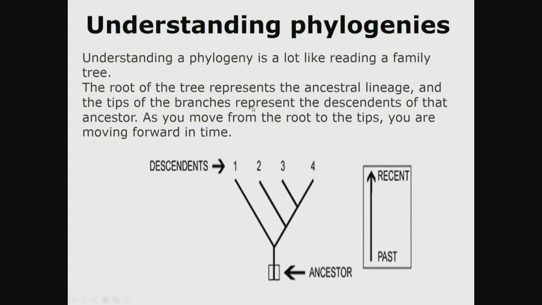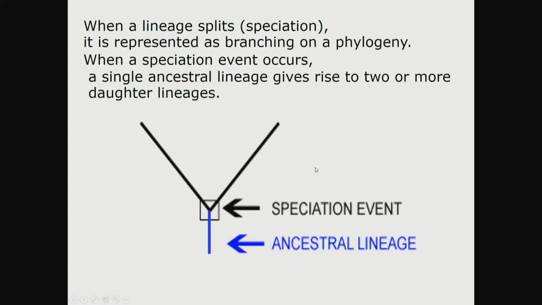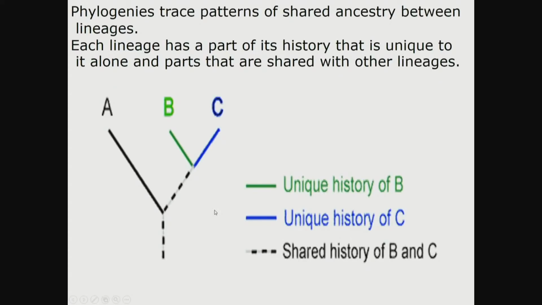Alright, so when we look at a phylogenetic tree, it's very important to understand it. So this is the ancestor for 1, 2, 3, and 4. That is the ancestor. Speciation happens here. B and C are more closely related, and they share a more recent common ancestor.